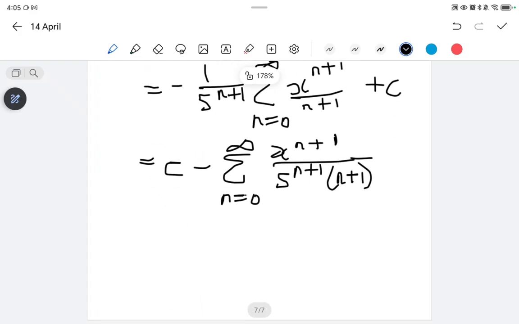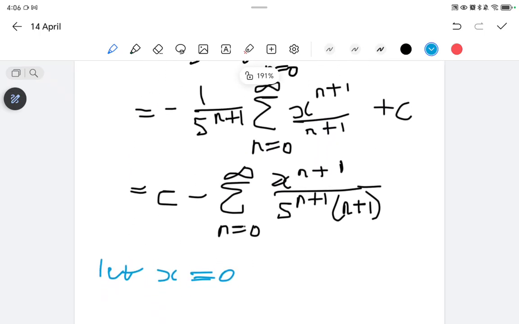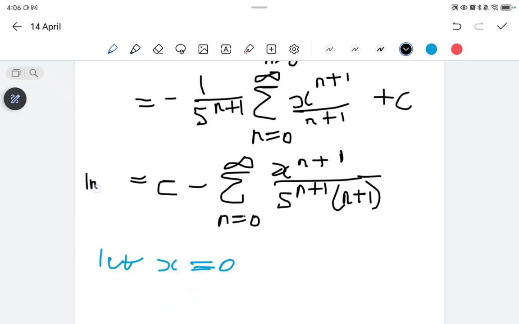Then now I need to solve for c. For me to find the c, I can let x be equal to 0. You see, right? Always you have to let x be equal to 0. And then remember, this side it's ln of 5 minus x.